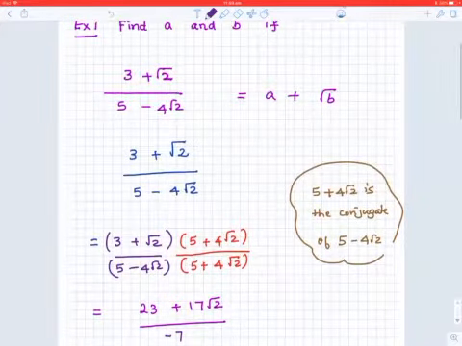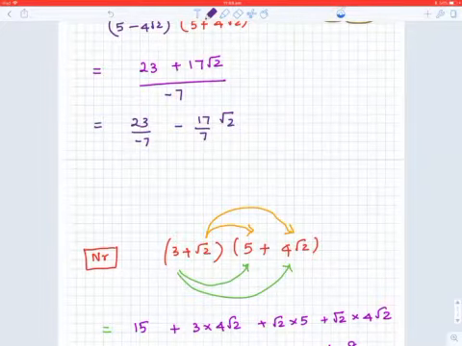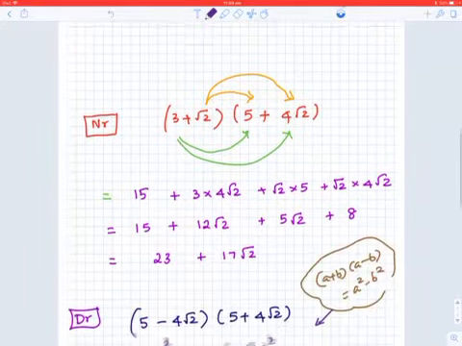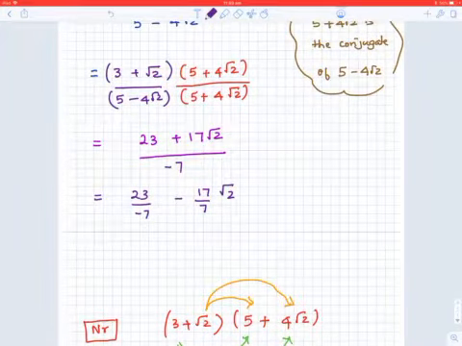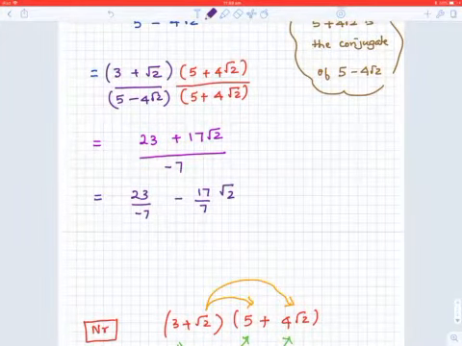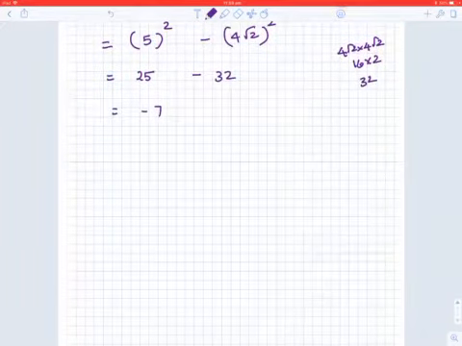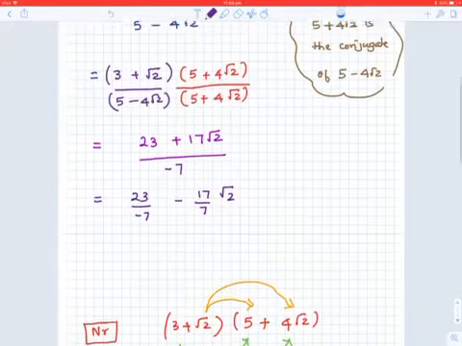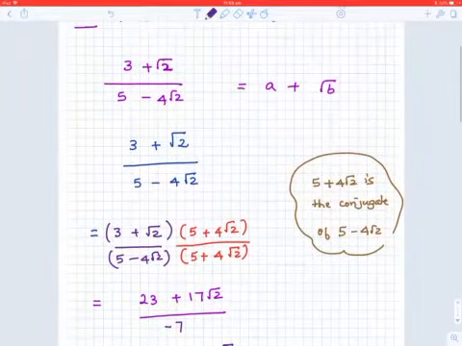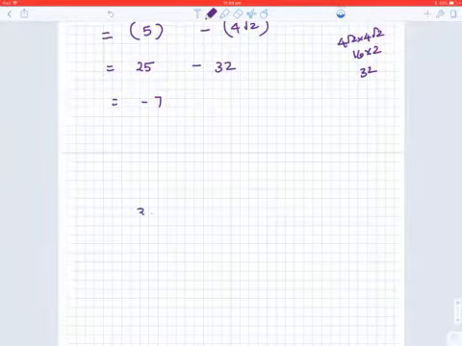Okay, now this is going to be equal to a plus root b. So this has to be compared with a plus root b. So now I'm going to rewrite, so these are all the working, and I'm going to add a page here. So now we write the question again.